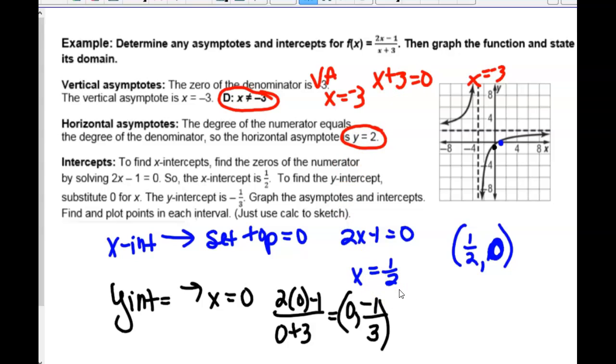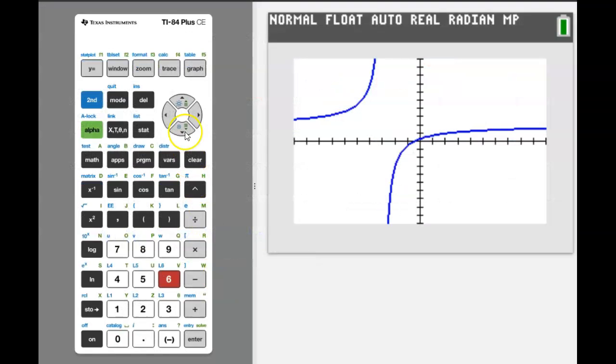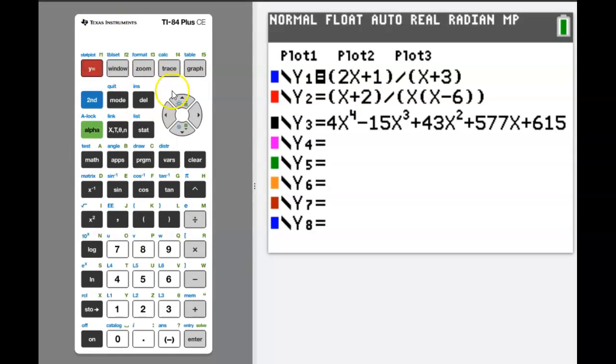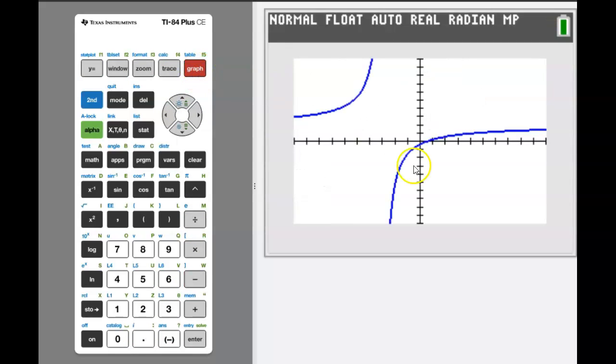It doesn't cross the x-axis at 1/2 though, does it? Oh, do I have it typed in wrong? It's 2x minus 1. Did I type plus 1? Yes, okay. I was like, something's wrong. If I type it in correctly, that looks better, okay? It is crossing over here at 1/2 and down here at -1/3. Everybody good?